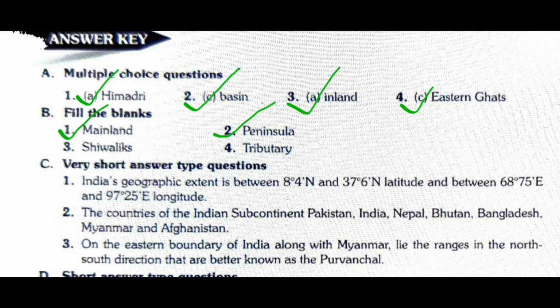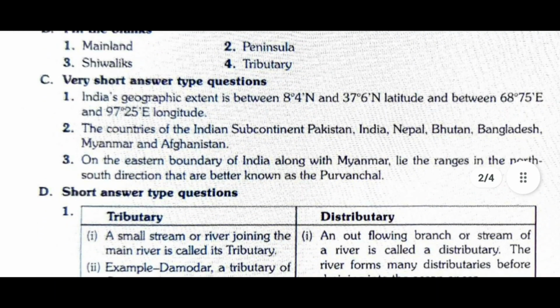The southernmost range of the Himalayas is called Siwaliks. Then question number 4, a small stream or river joining the main river is called its tributary.